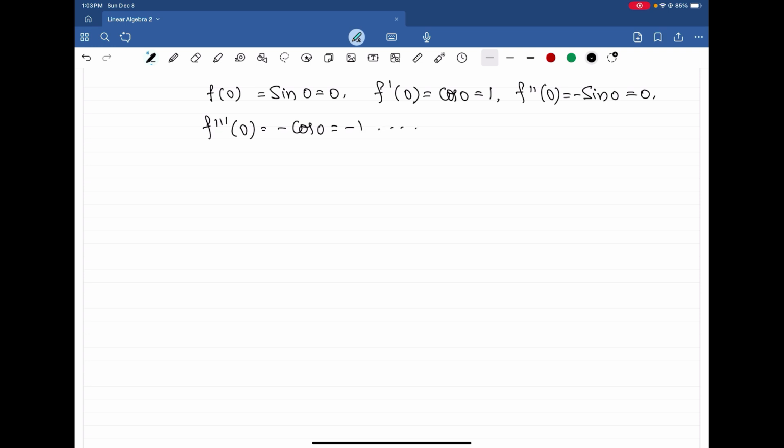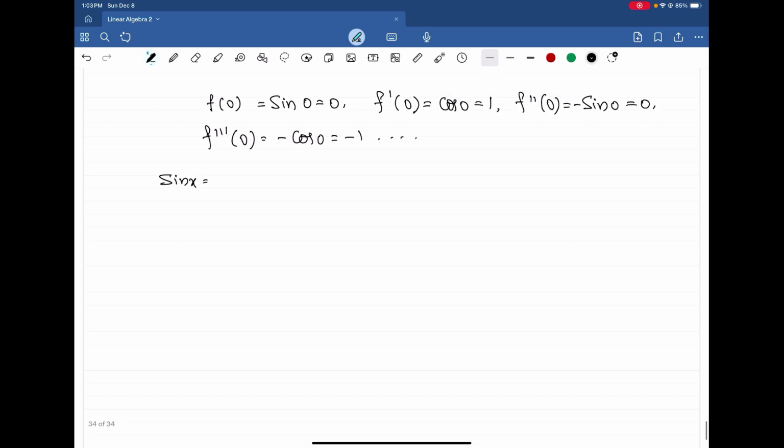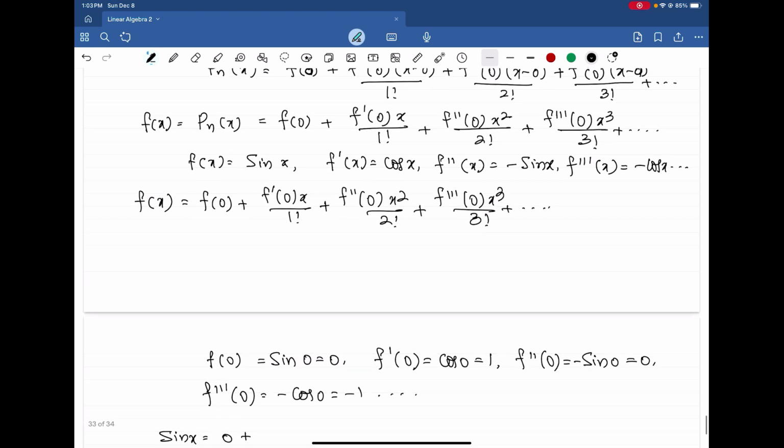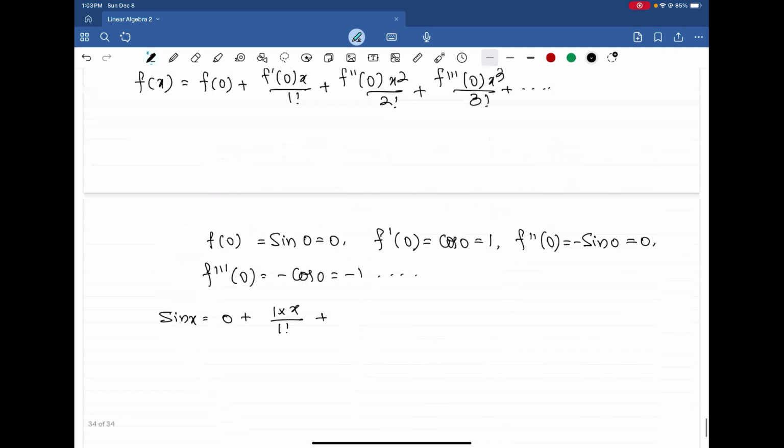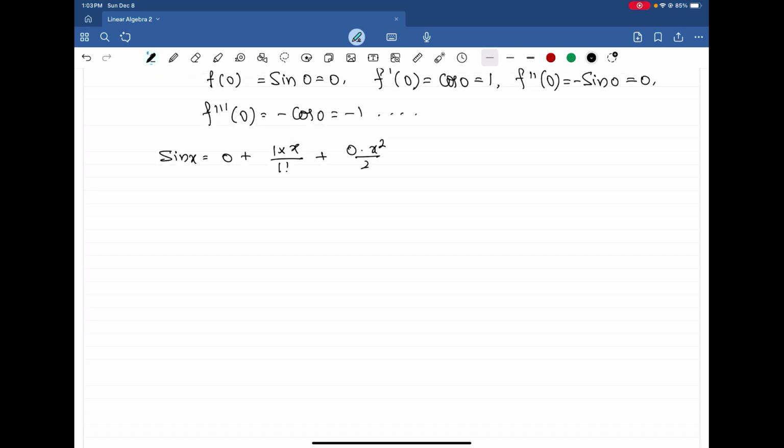When you replace these values in the main polynomial equation, sin x will be function 0 is 0 plus function dash 0 is 1 into x by 1 factorial plus function double dash 0 is 0, 0 into x square by factorial 2 plus function triple dash 0 is minus 1, minus 1 into x cube by factorial 3 plus so on, which implies sin x is equal to x minus x cube by factorial 3 plus x to the power of 5 by factorial 5, and as you go on doing it, minus.